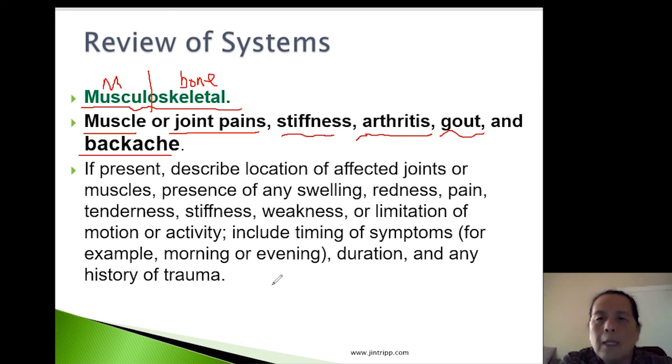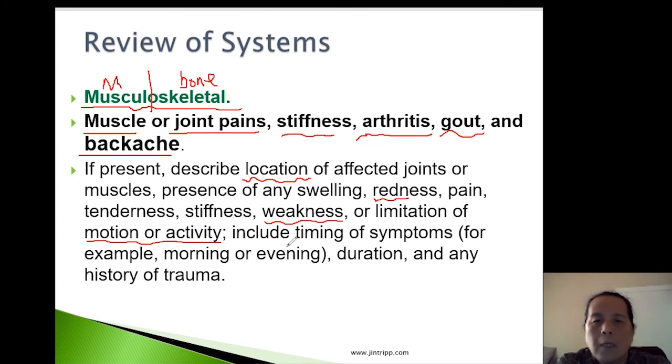So basically, if the patient has some kind of pain condition, we will ask for detail about the location, how severe the pain is, if there is some redness around there, and also maybe weakness in there, and how about the movement. So that's basically the relationship with the muscles and the joints.